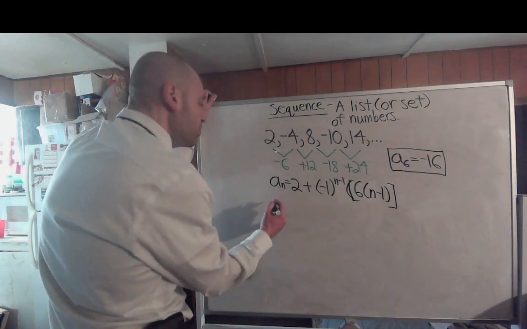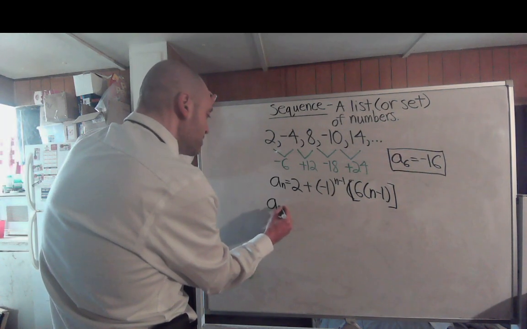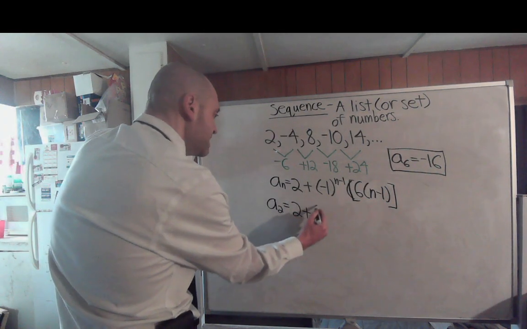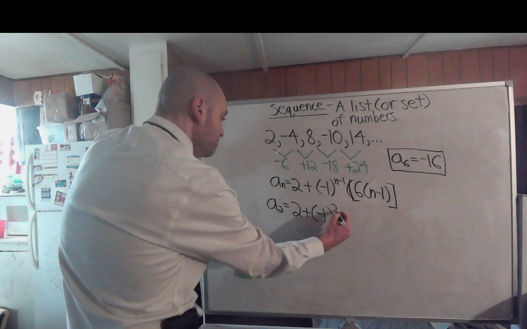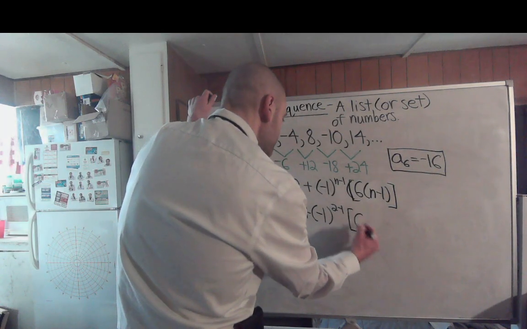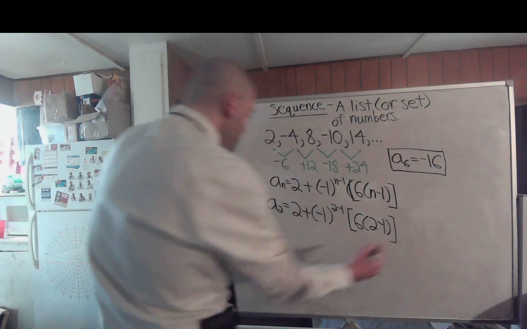Alright, so what if now I want to find my second term? I take 2 plus that negative 1 to the 2 minus 1 times that 6 times 2 minus 1. And what do you know?